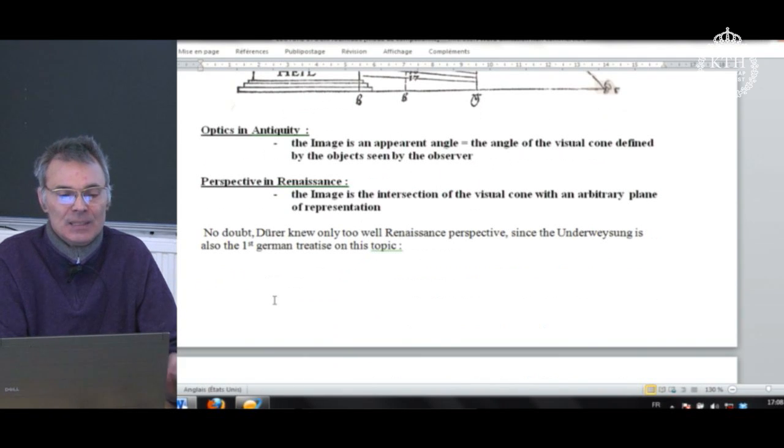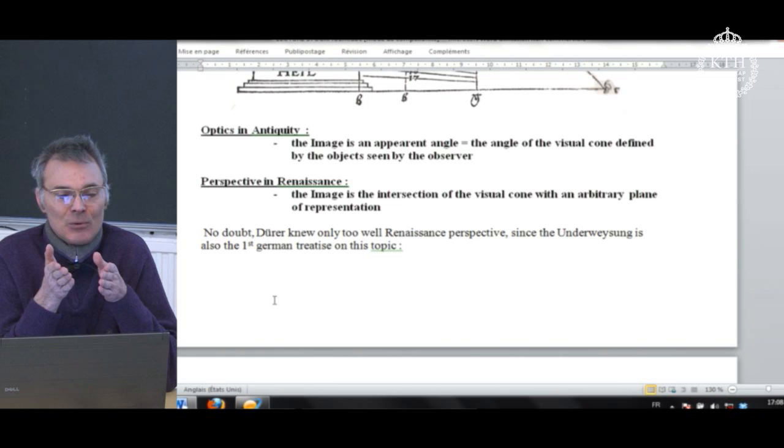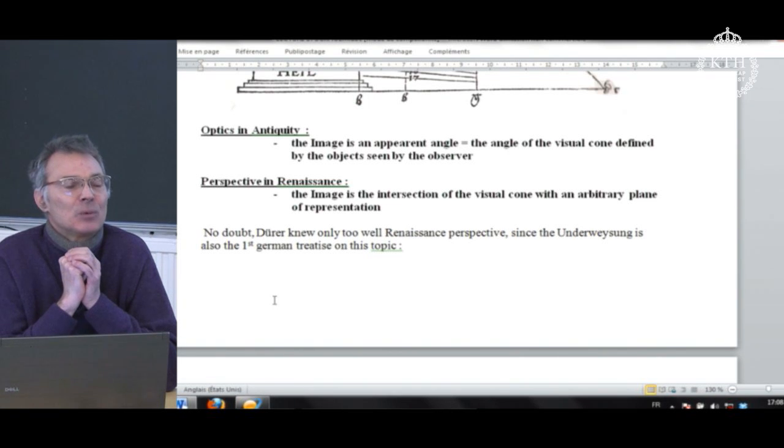So this is because Dürer is now referring to the optics of antiquity, where the image of an object is not at all the intersection with the plane of representation, but is an apparent angle.